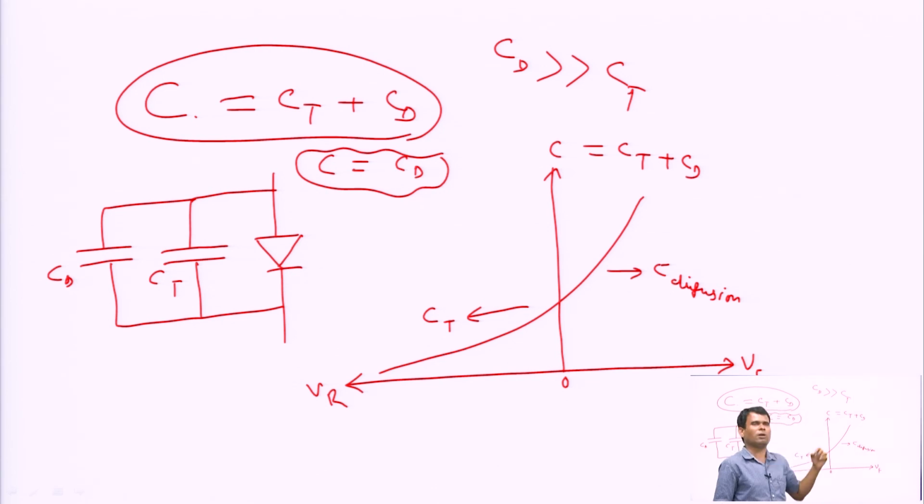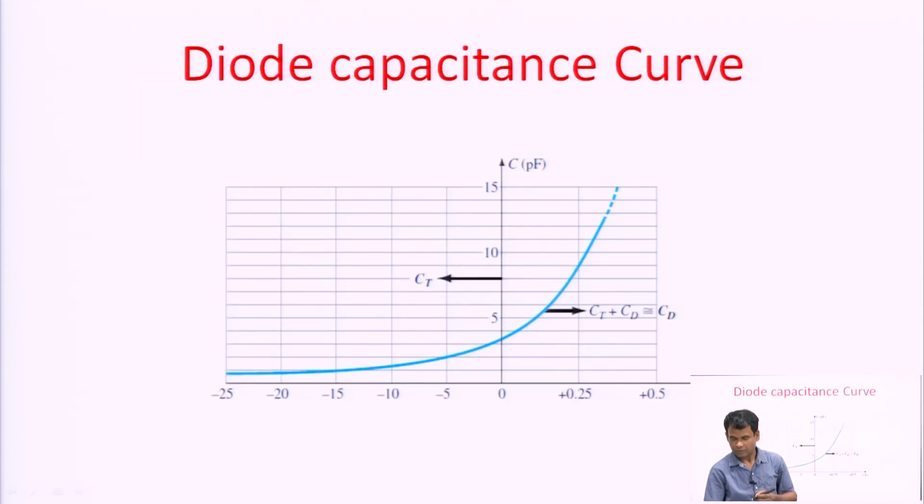This will also be discussed in special purpose diodes. When I discuss the varactor diode, we will also discuss the capacitive behavior in the varactor diode. This is the graph I have already discussed, the diffusion capacitance and the transition capacitance.